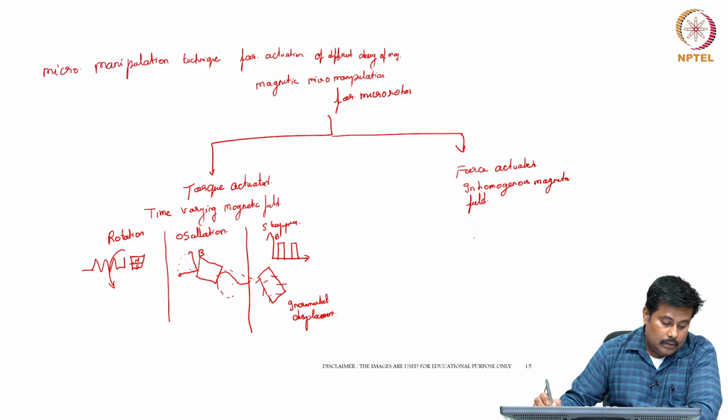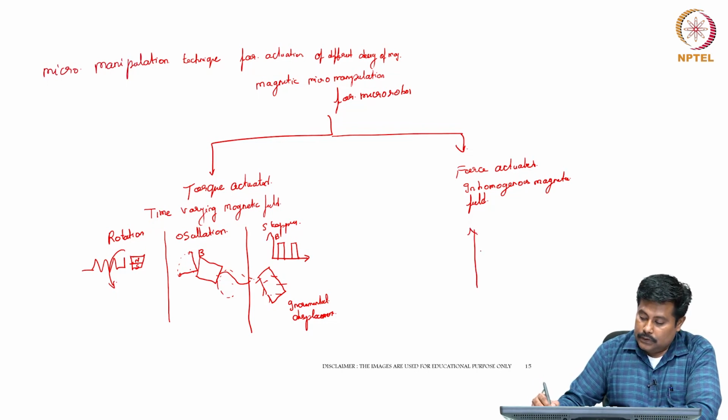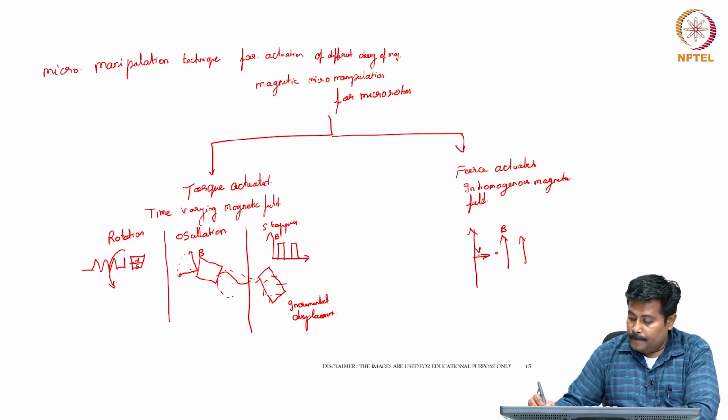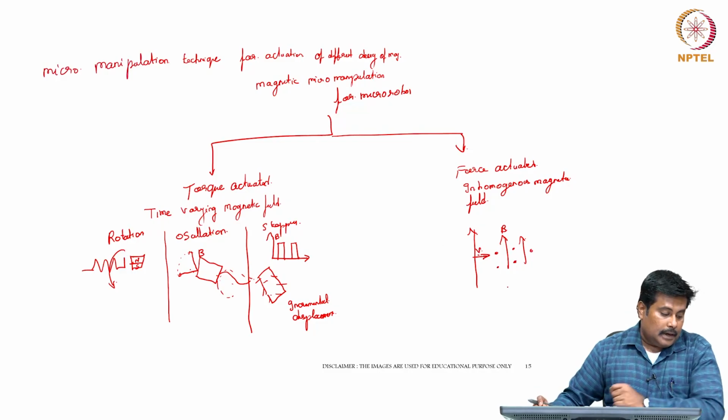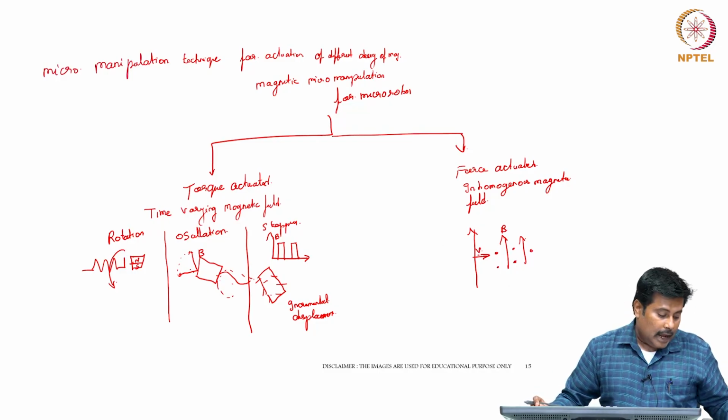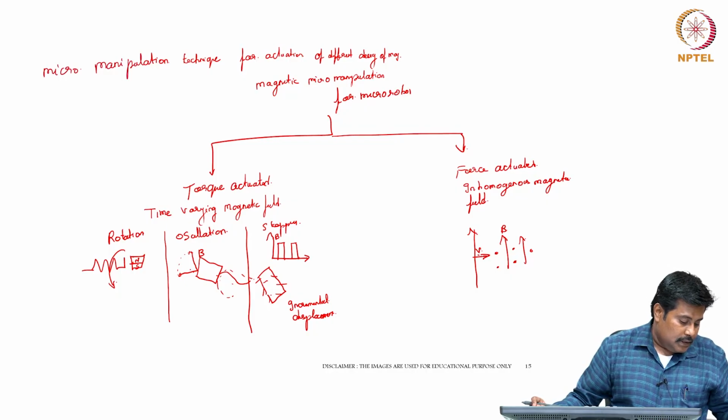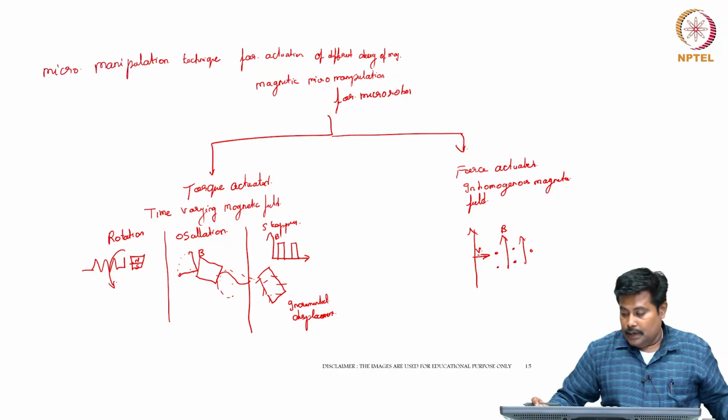So we will be having a dispersed magnetic field with magnetic field applied over here with V, and these dispersed magnetic fields are kind of force actuated, which will be helpful for the overall manipulation in a particular domain.